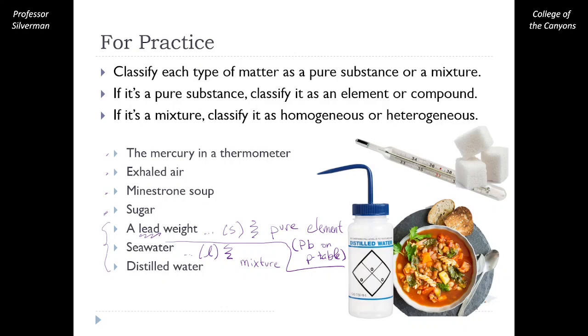And if we want to go one step further, we can ask ourselves, can we see the different components of seawater with our eyes? A few ways of thinking about this. If you're going to define seawater as just salt water, water and salt, those mix together nicely, and I would say that is homogeneous.